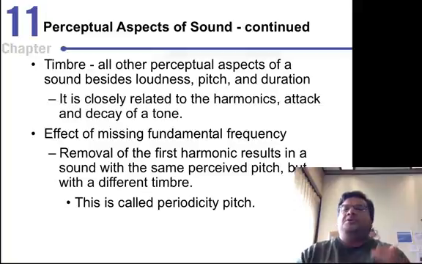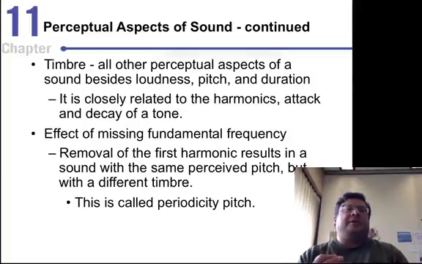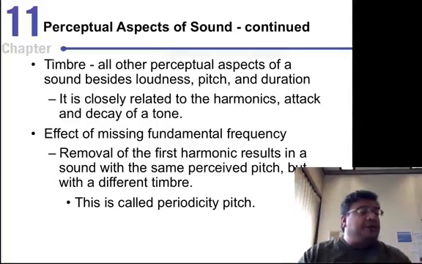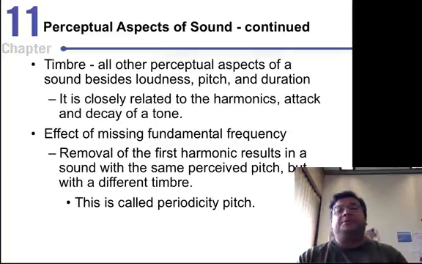But as you know, musical instruments have very complex sounds. And that rich complexity of sound that's produced by a musical instrument or anything is referred to as the total timbre. It's related to the harmonics that are present, how many harmonics are being produced, and also the attack and decay of a particular tone.